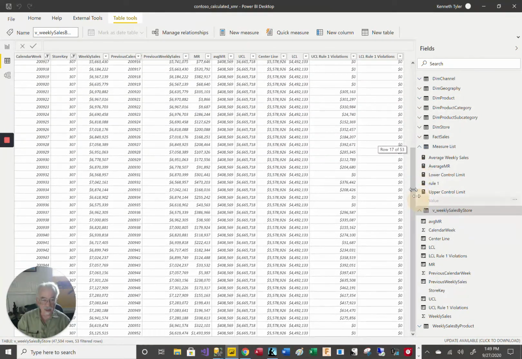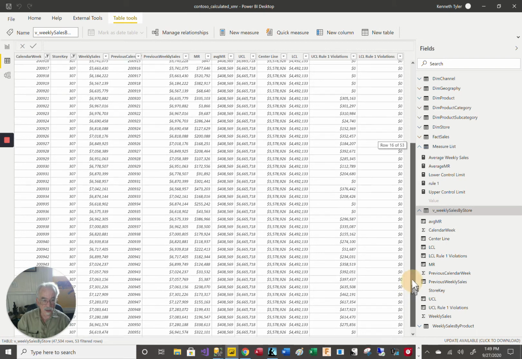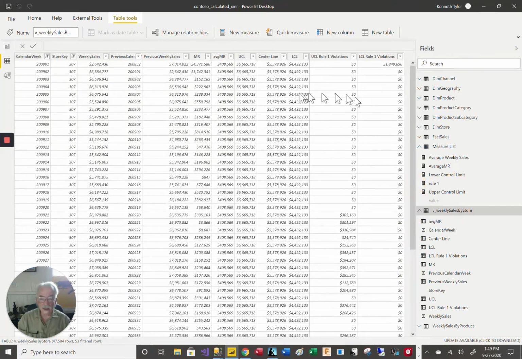And you can see here that this store, starting on the 21st week and going down through about the 50th week, was consistently above its upper limit. On the other hand, back on the first week of 2009, it was below its lower limit.